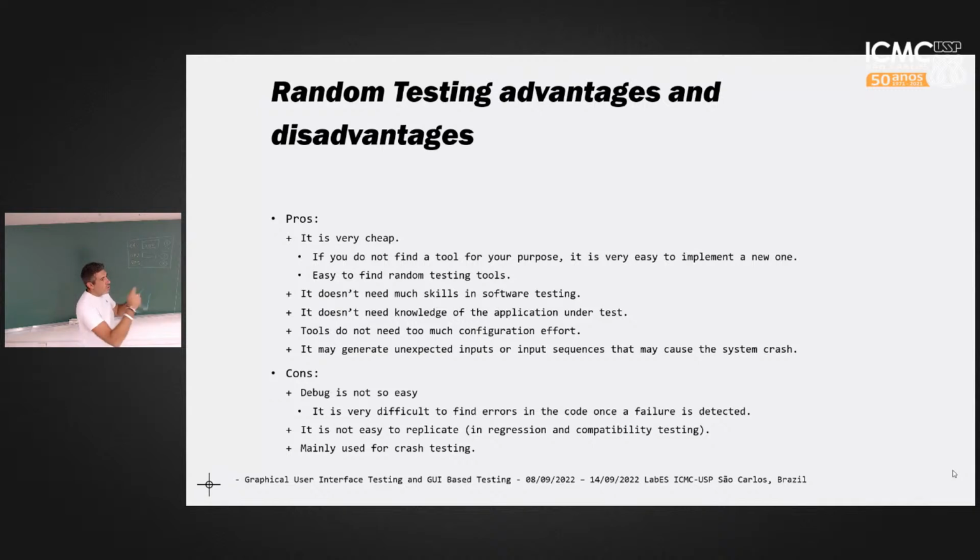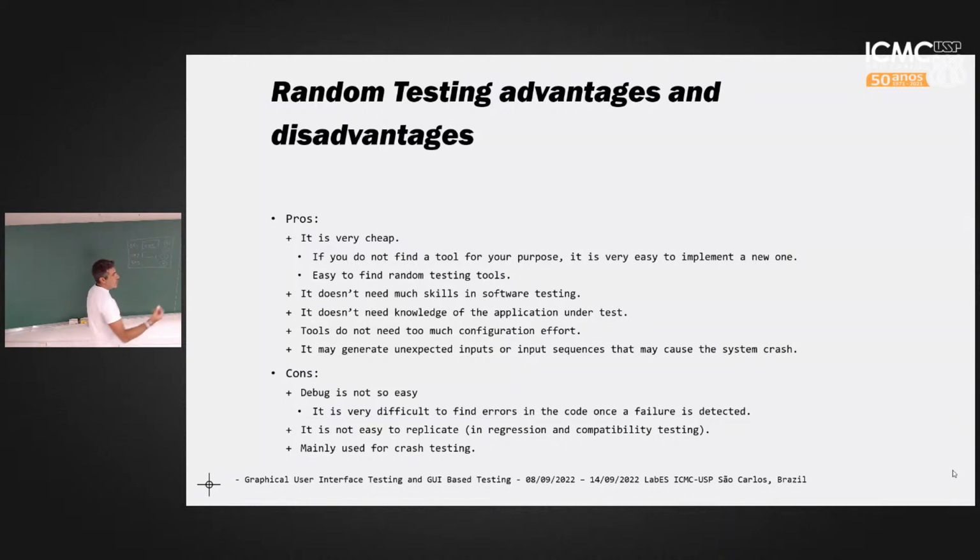So it's very difficult to understand what is the cause, what is the sequence of events or inputs that generated the crash. Imagine that you have a log of all the sequences that have been submitted to the application under test, and then you have a crash. The problem is, I see the log, and it's very difficult to understand what is the sequence of events that you have to replicate to understand something about the system under test.